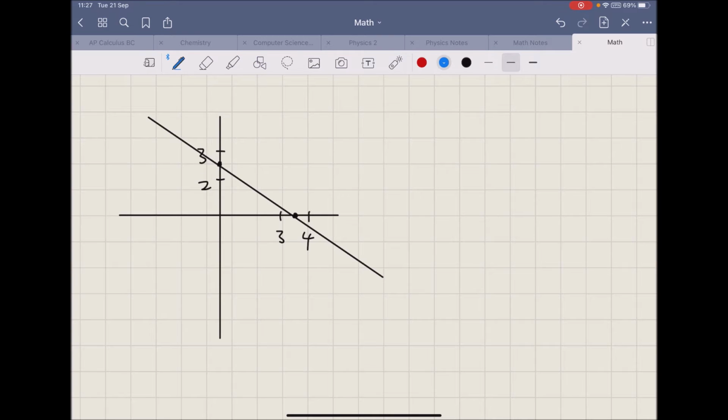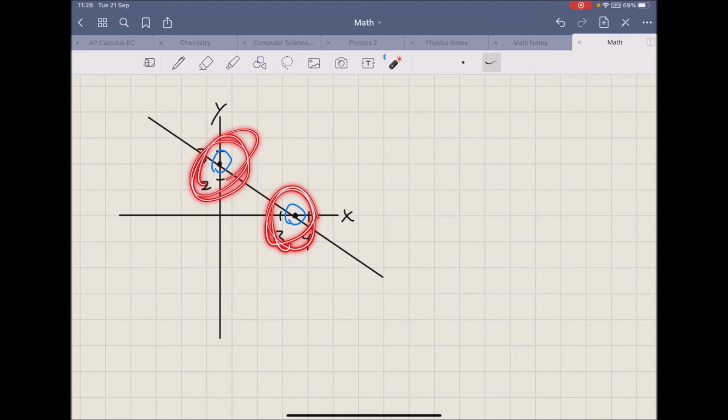So as you can see, this graph intersects the x-axis here and intersects the y-axis here. So we call this the x-intercept, and this the y-intercept.